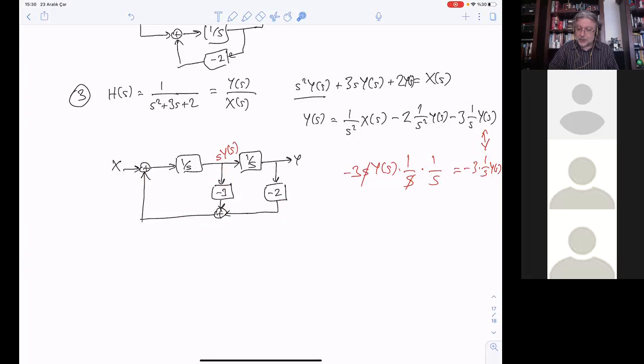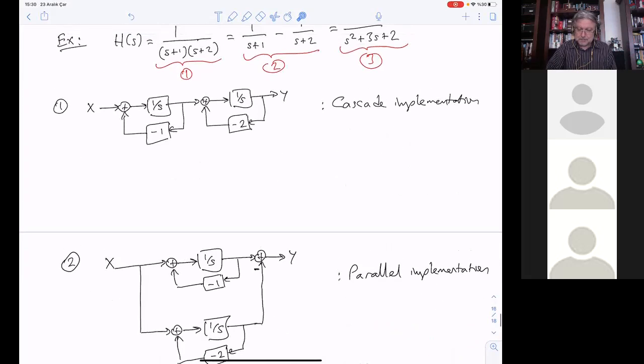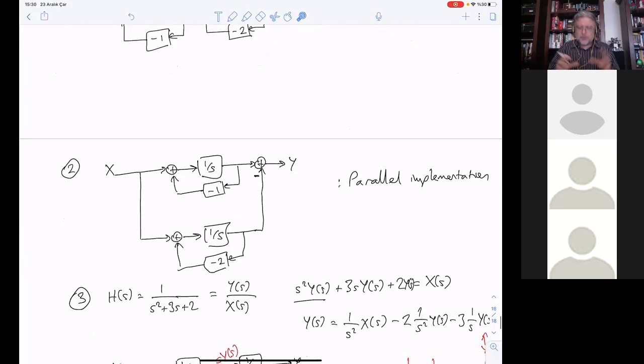But this is the third and the last way of having a second order realization. So we have cascaded things, which is the best, but for my purposes, it just works perfectly. The first implementation, the top one, is first order systems coming one after another in the form of multiplication. And the other one is in the form of a summation.